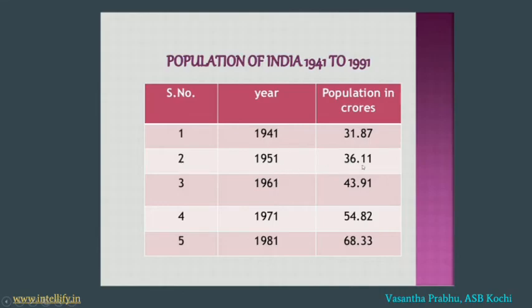In 51 it is 36, and 61 it is 43, and then 71, 54, and then in 81, 63. So like this we can classify the data, because the first time in the series is 1941. In 1941 we have 31.87 crore. That will come under one classification. Similarly, all others will follow.